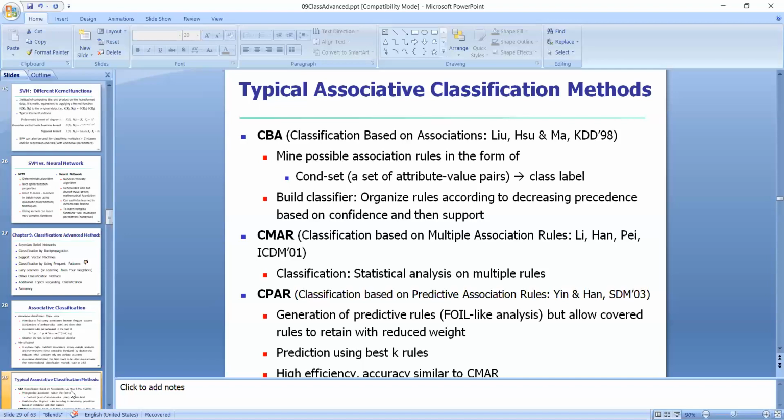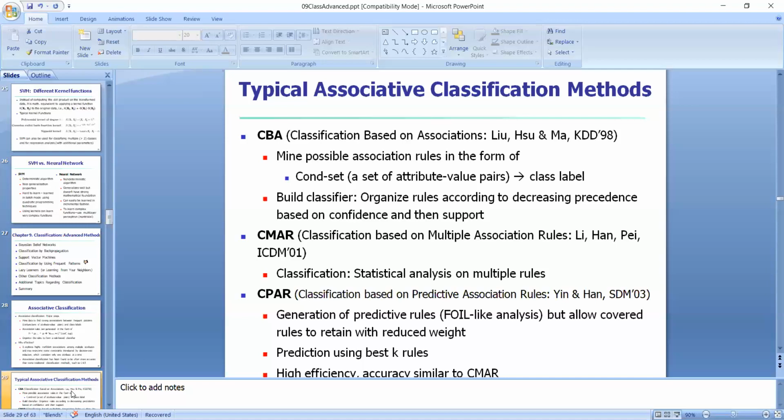CMAR considers multiple rules when making its class prediction. It divides the rules into groups according to class labels. All rules within a group share the same class label, and each group has a distinct class label. So that is the method used by CMAR.